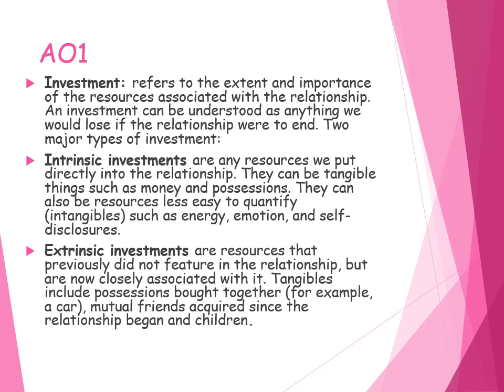So tangible things are things that you can quantify, such as the money and the possessions that you put into the relationship, that you bought or you spent during that relationship. But equally, they can be resources that are intangible and difficult to quantify, such as the energy, the time, the emotion, and the self-disclosures that you made during that relationship.